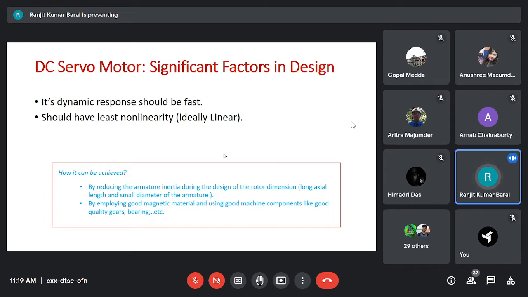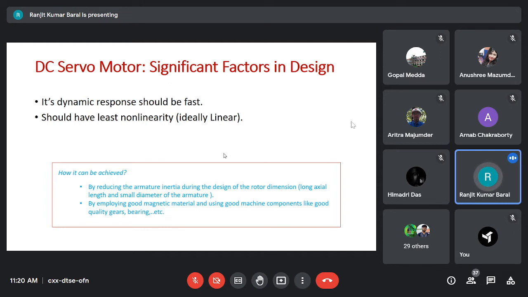First, it should be fast; its time response, mainly rise time and settling time, should be fast. Number two, it should have very small, ideally zero, steady state error.